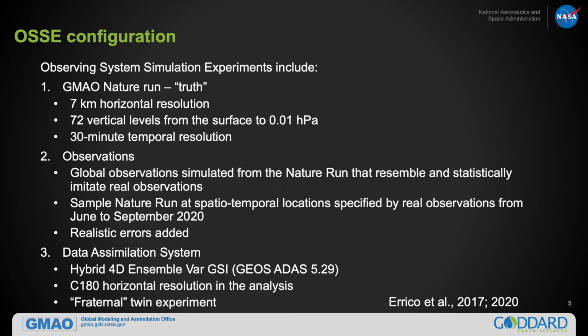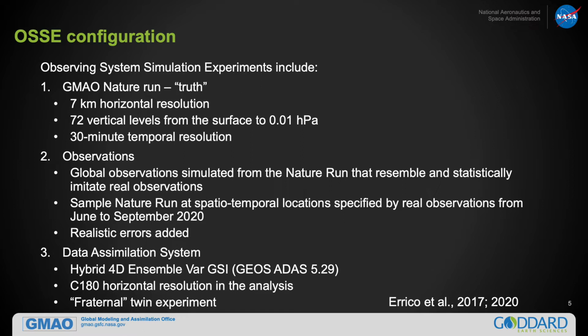The second component is the observations. We simulated global observations from the nature run to resemble and statistically imitate the real observations. This is done by sampling the nature run at the spatiotemporal locations specified by real observations from June to September 2020 and adding realistic errors.